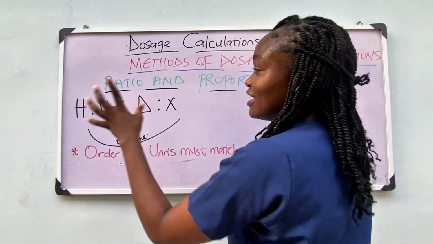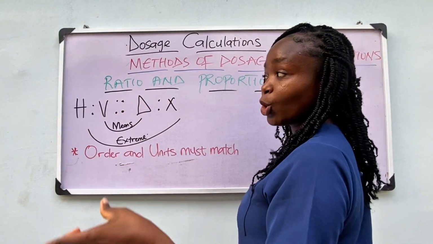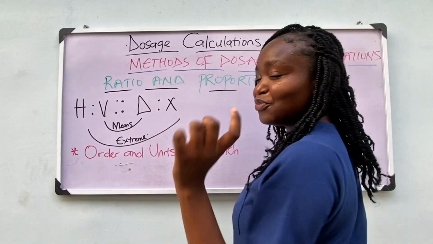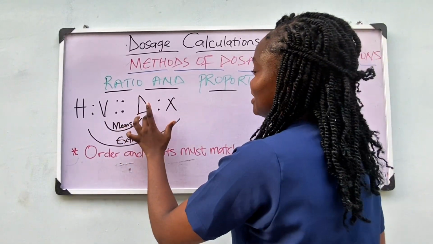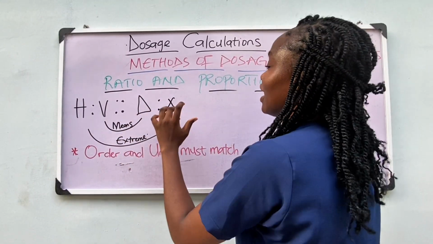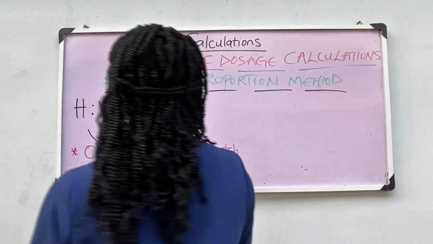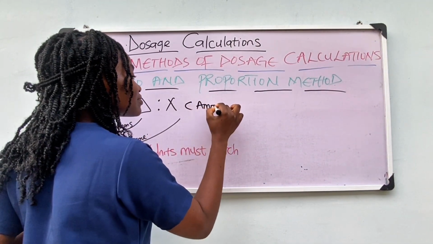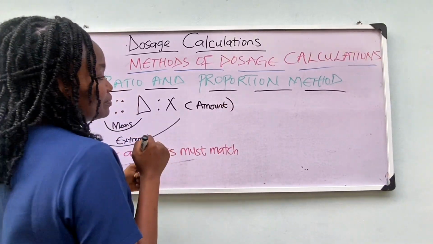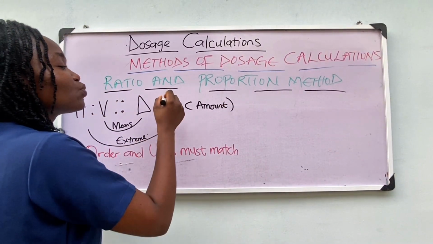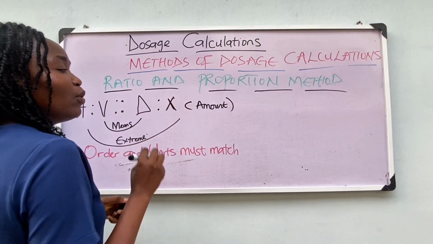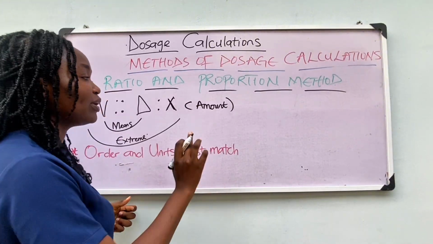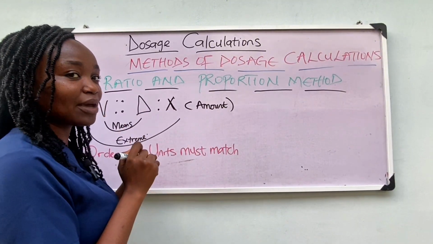H still means have, the drug we have, V remains our vehicle, D remains our drug desired, and finally X represents our amount. It's still the same amount we had before. We are looking for X, the same way we were looking for X in the basic formula method.